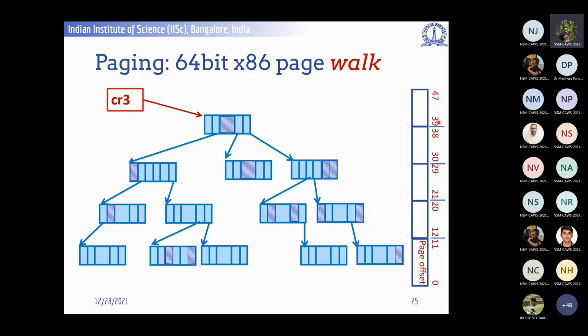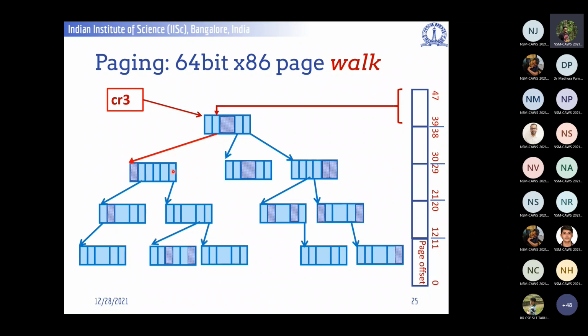What you will do is take the top 9 bits and use that to figure out which of the 512 entries corresponds to the given virtual page number that you need to do the translation for. That will select one of the 2 to the power 9, or 512, children. Once you've found that, you look up the pointer and go to the next level node that you should look up.